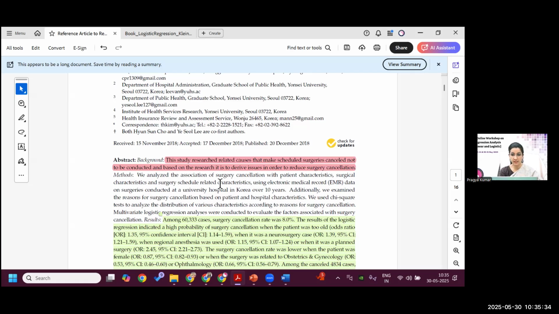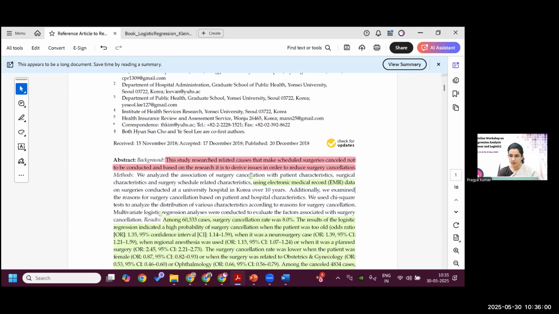They analyzed the association of surgery cancellation with patient characteristics, surgical characteristics, and surgery schedule related characteristics using electronic medical record data, from surgeries conducted in a university hospital in Korea over 10 years. Additionally, they examined the reason for surgery cancellation based on the patient and hospital characteristics.